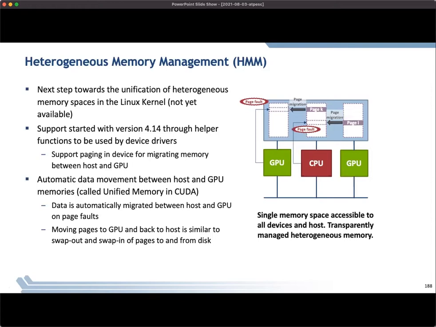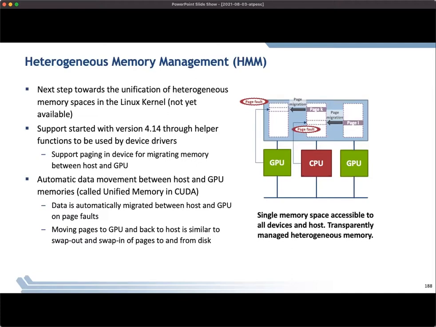Basically, instead of having explicit memory copy, it lets the operating system handle the data movement by creating page faults. For example, if the data is on the GPU memory and the CPU wants to access that data, it will trigger a page fault, and the operating system is going to move the page from the GPU memory into the CPU in order for the CPU to consume the data.